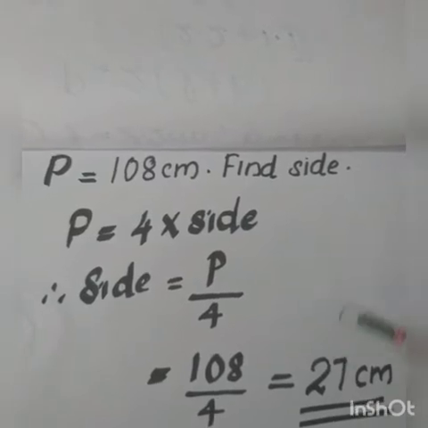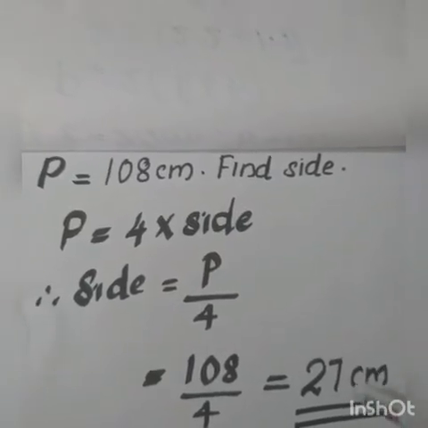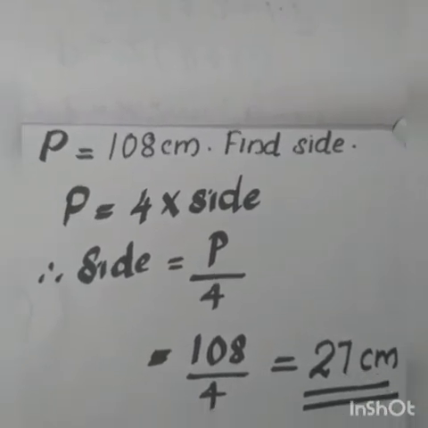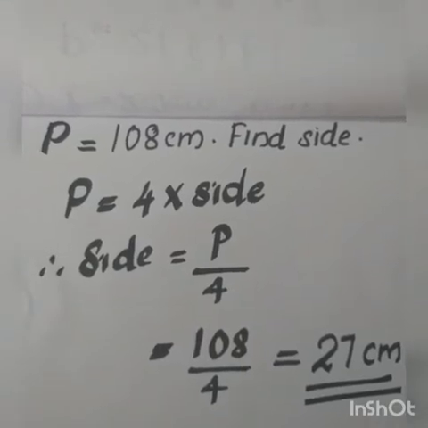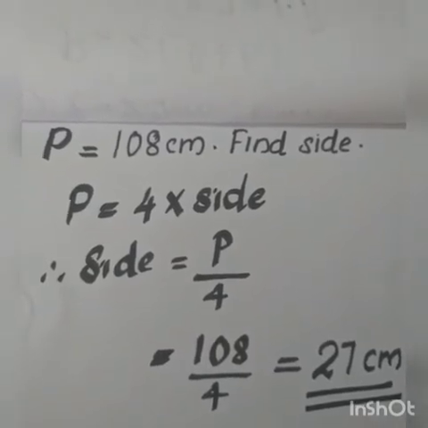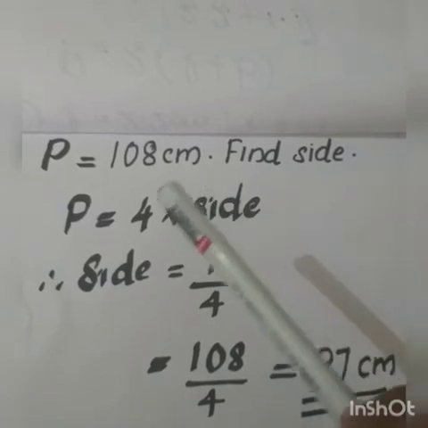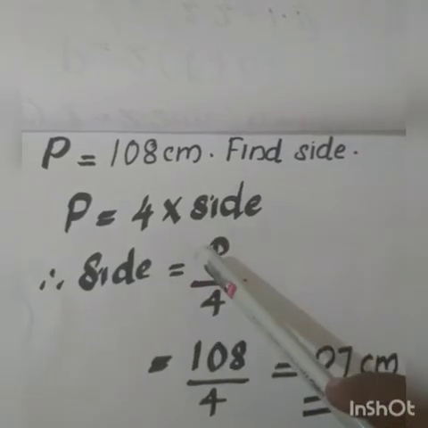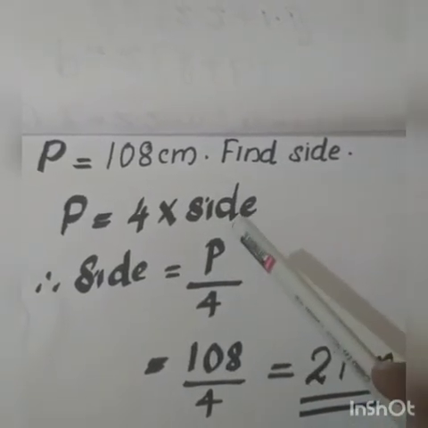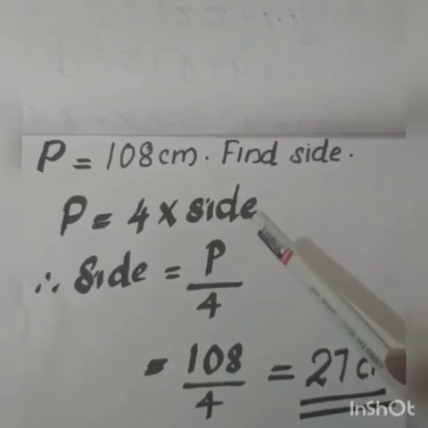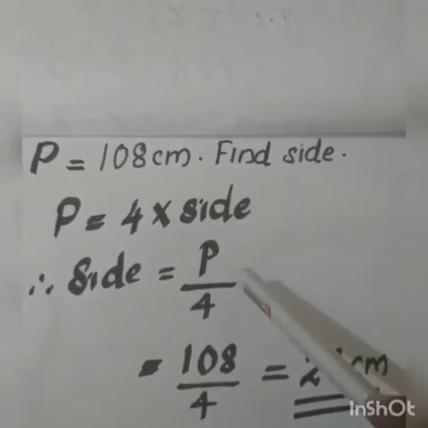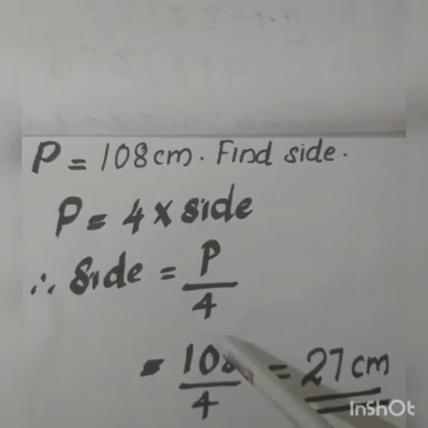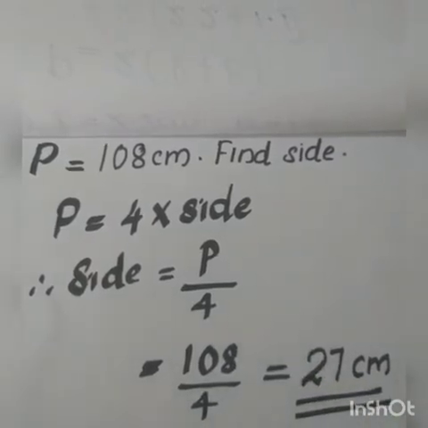So the length of one side is what? 27 centimeter. This is the case of only what? Square. So in a square, if perimeter is given, we can find the side by dividing the given perimeter by the number of sides. How many sides are there for a square? 4. So perimeter divided by 4, that is 108 divided by 4, 27 centimeter.